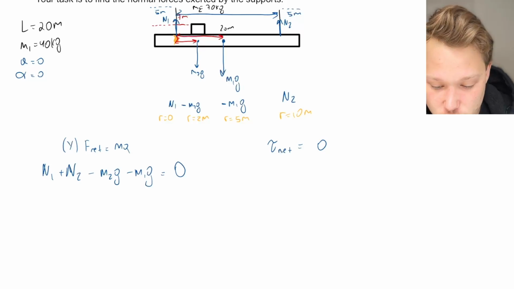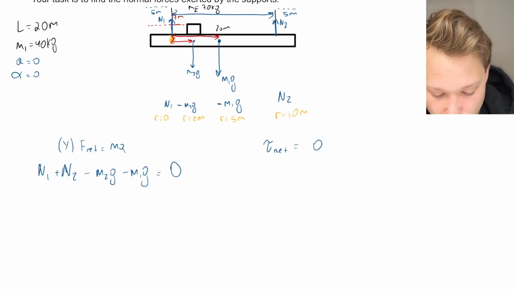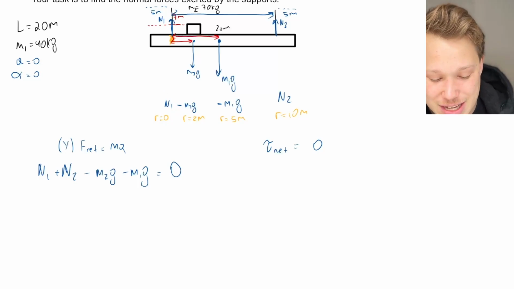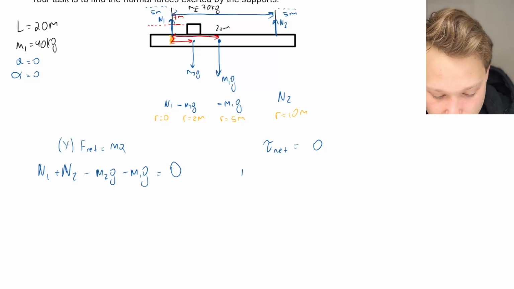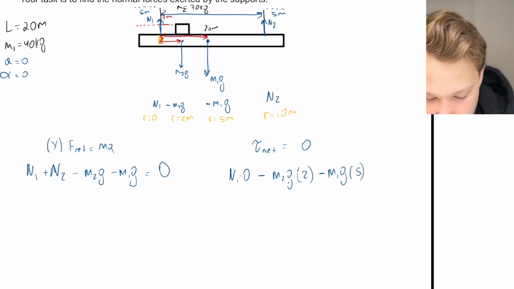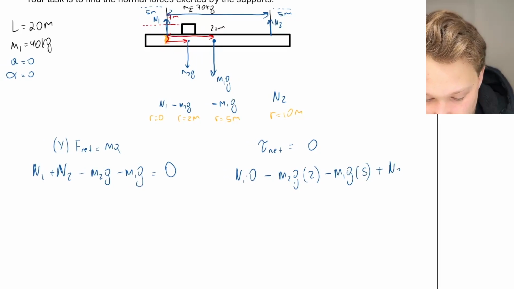So now let's just write our torque. We're almost done, guys. Torque is force times distance, right? So N1 times 0 minus M2G times 2 minus M1G times 5 plus N2 times 10 is equal to 0.